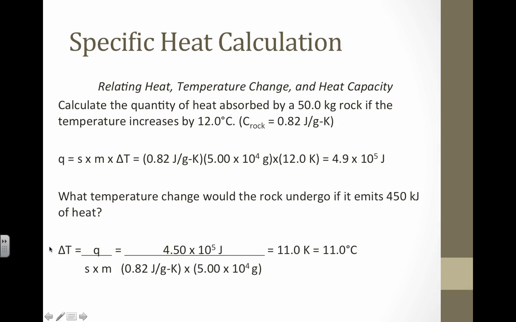We can figure out the temperature change associated with that heat loss. We rearrange the equation, doing some fancy algebra, and we end up with Q over S times M, and we can substitute our values in, and we see that if 450 kilojoules are given off by the rock, the temperature would change by 11 degrees, either Kelvin or Celsius.